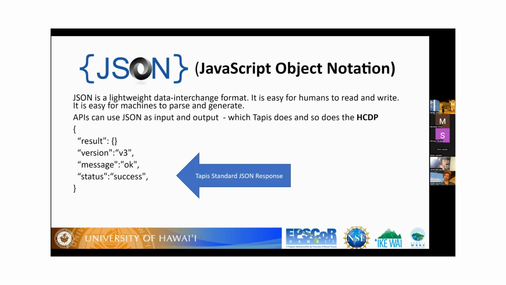And then JSON is JavaScript Object Notation. So it's a human readable data interchange format, as opposed to a lot of languages that might use kind of obfuscated object language.